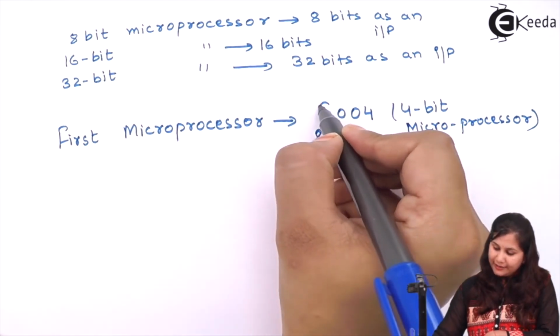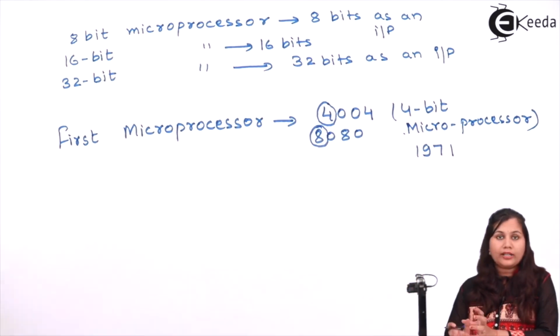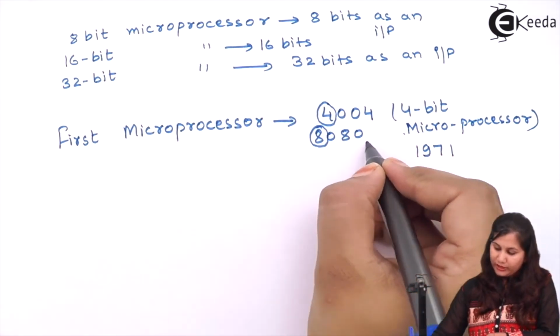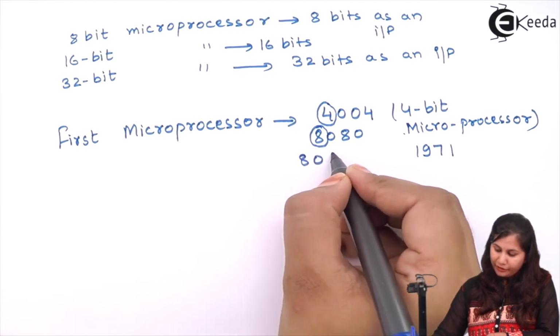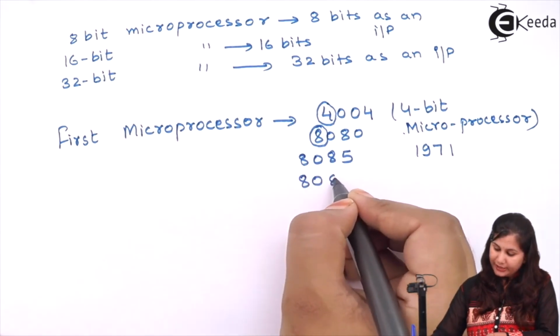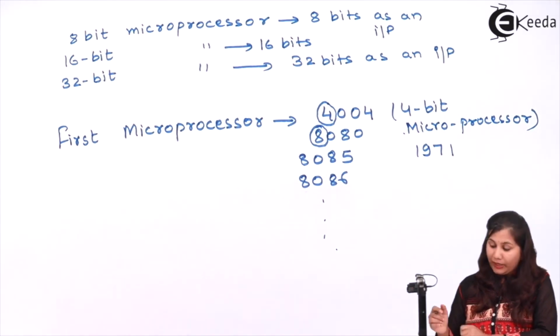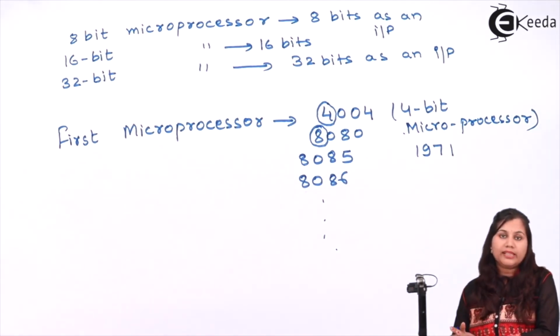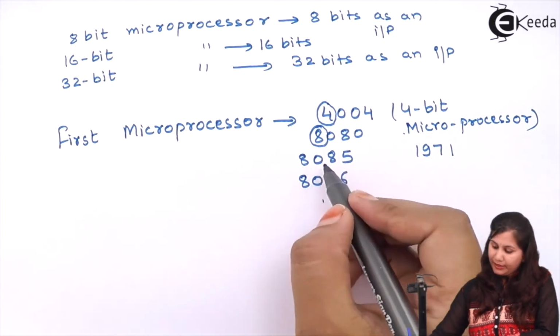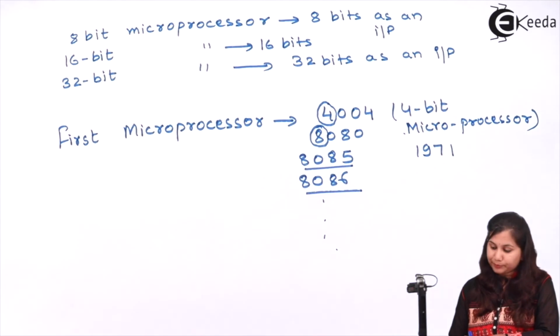So you can see that this first number is defining what type of microprocessor it is, whether it is 4-bit or an 8-bit microprocessor. After that 8085 was developed, and after that 8086, and nowadays many more have been developed. Now in our subject we are going to study two types of microprocessor, 8085 and 8086.